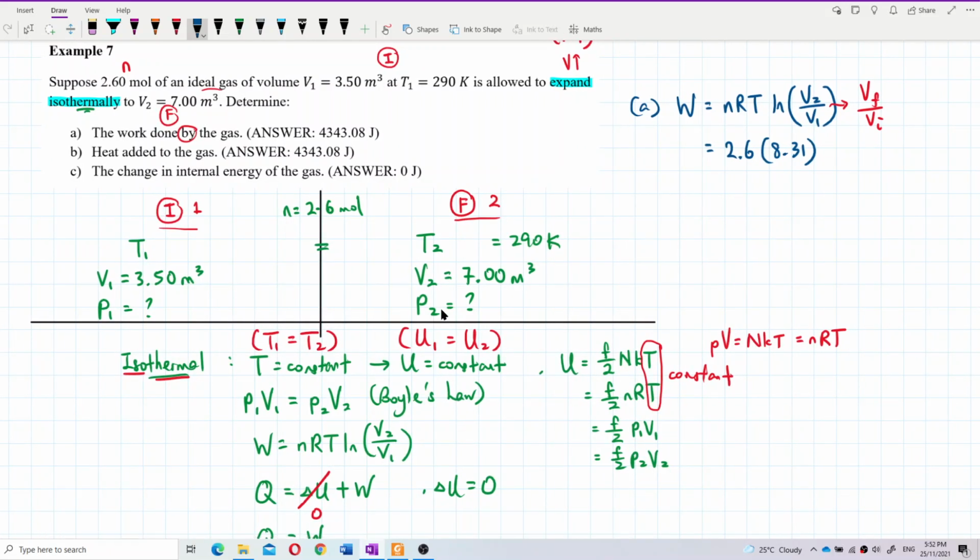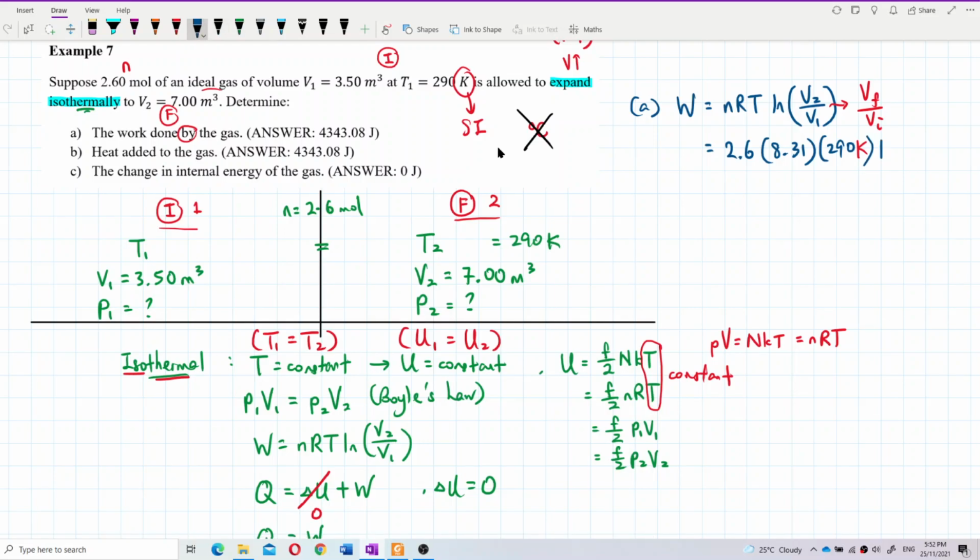Temperature is constant for both conditions, T1 equal to T2, 290 Kelvin. It's already in SI unit. Remember, in this chapter all temperatures must be in Kelvin. Degree Celsius is not accepted; it must be changed to Kelvin.